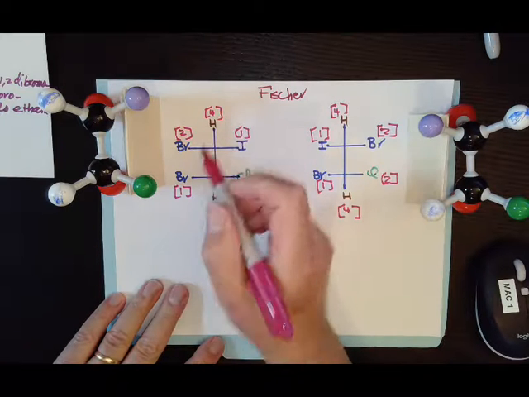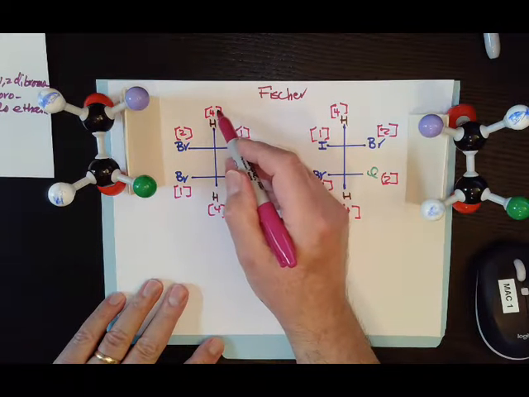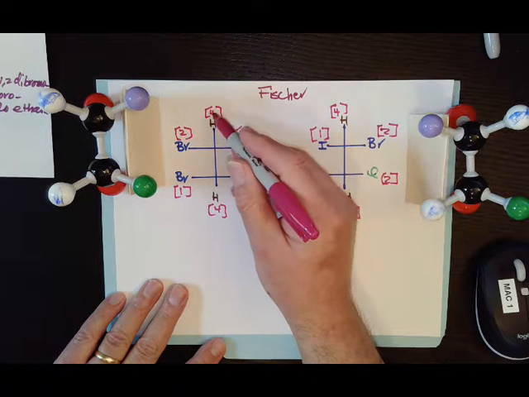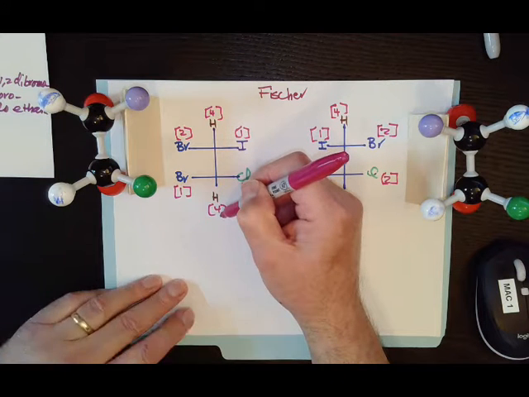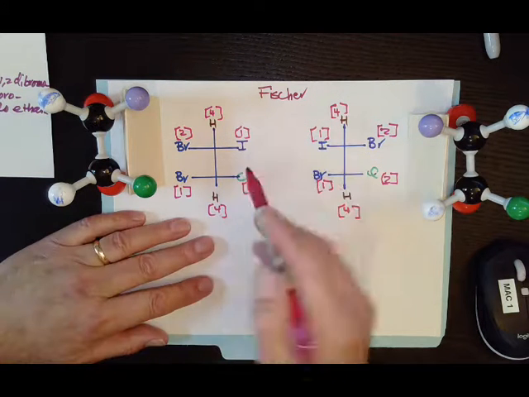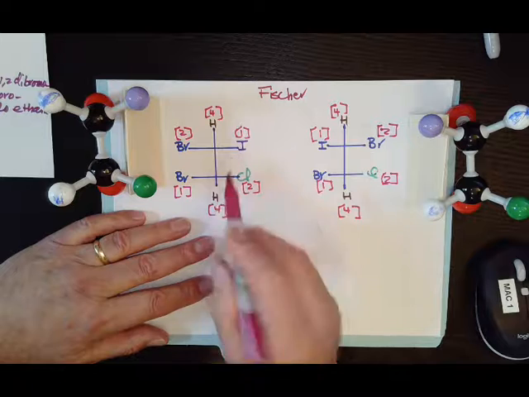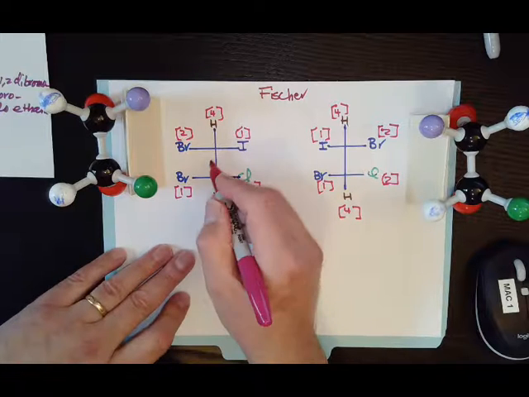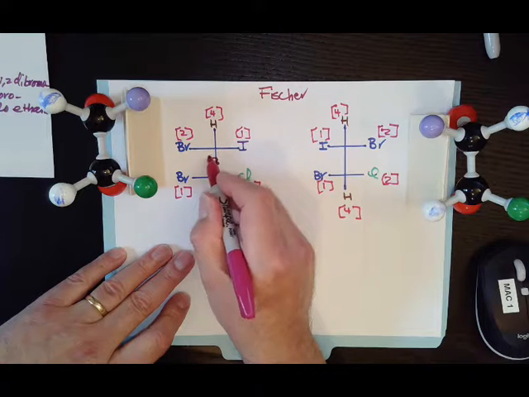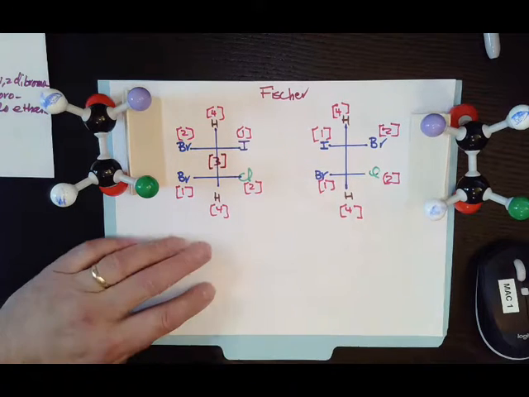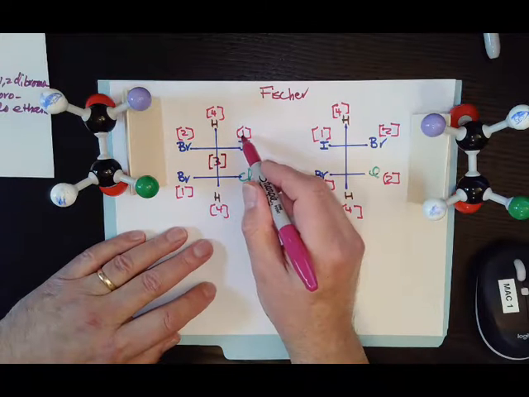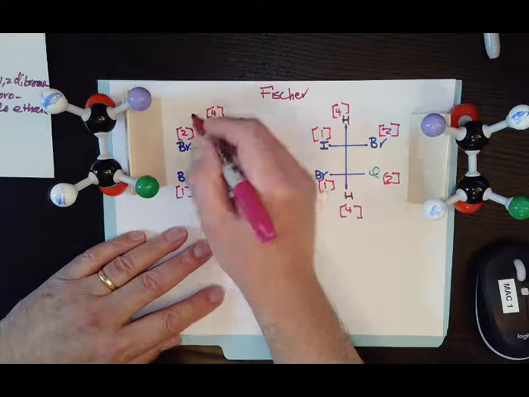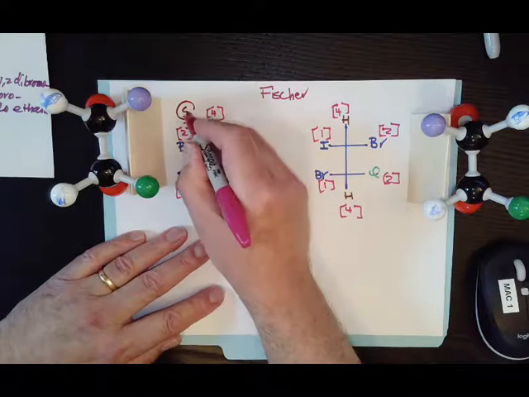Again, in Fischer projection, if 4 is above or 4 is below, we can ignore it. So if I look at the 1, oh, I forgot about this one, number 3, priority 3. So we ignore 4. So this is 1, 2, 3. So it's like before, it is S.